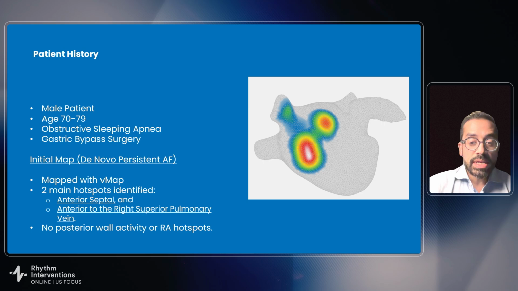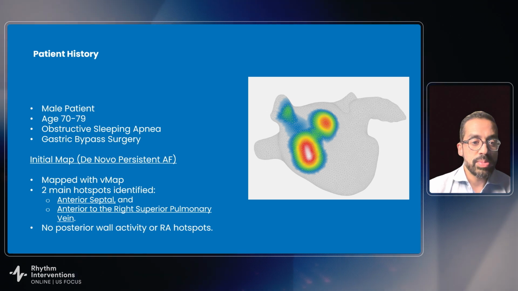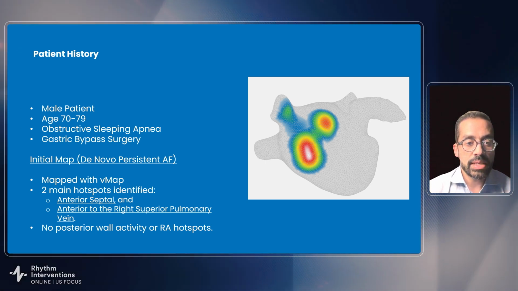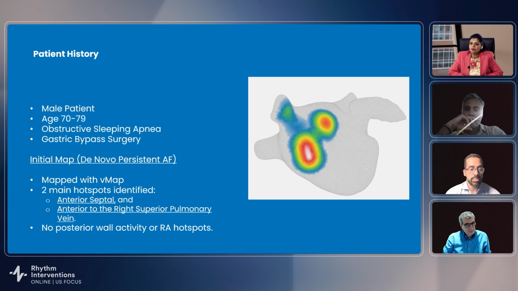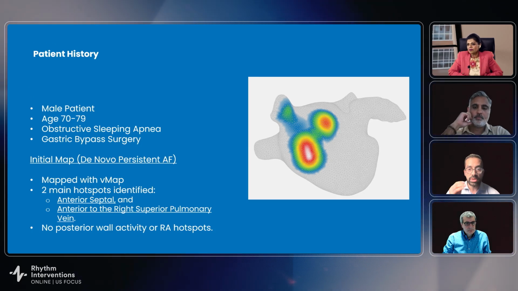Now, Devi, you know that from our days working with Farapulse, which has been our workhorse in our lab over the last 18 months or so, and particularly with the Advantage data set, in many of our persistent patients, our anatomic strategy has been fairly straightforward. We do a PVI and a posterior wall, but many of these patients return, and we're often left with questions around, should we have done something a little bit different?